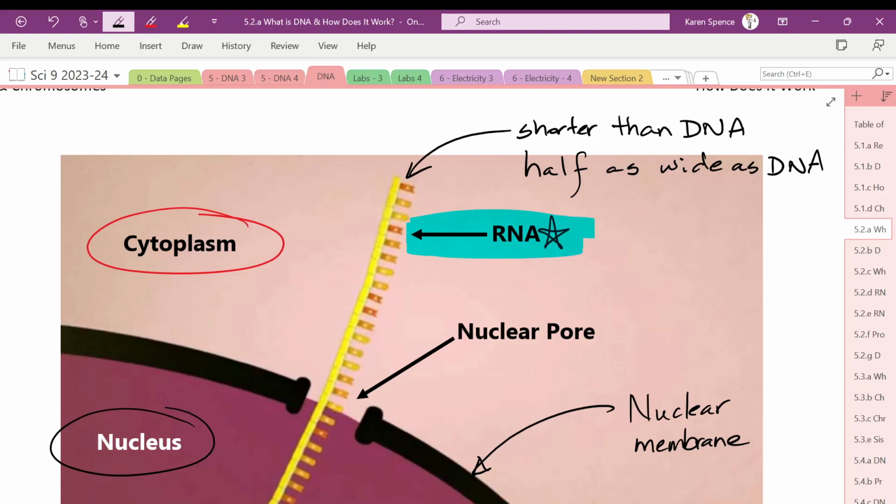And if you had to tell me what a nuclear pore is, tell your partner how you would describe a nuclear pore. What is a nuclear pore?